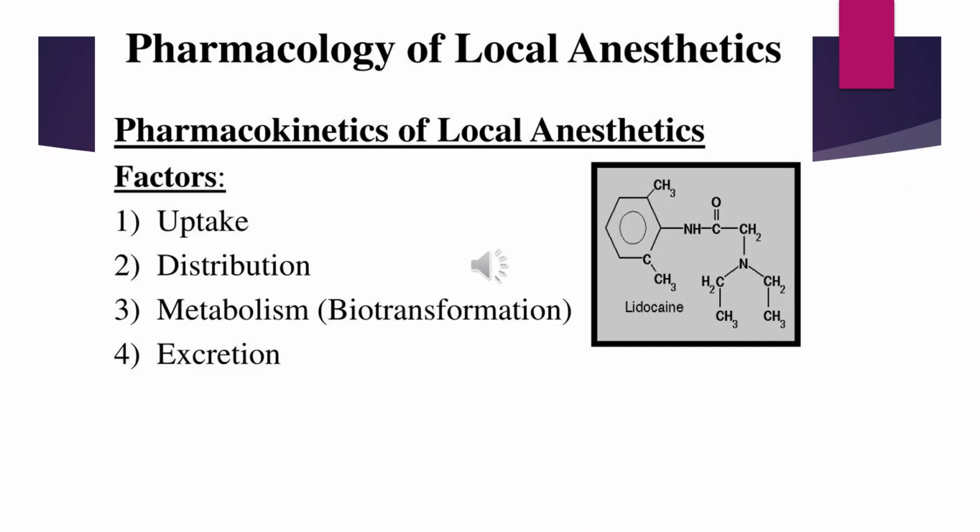It means how a drug moves inside the body. Pharmacodynamic is what a drug does to the body, and pharmacokinetic is what the body does to the drug. So pharmacokinetics of local anesthetics depends on various factors like its uptake, distribution, metabolism, and excretion from the body.